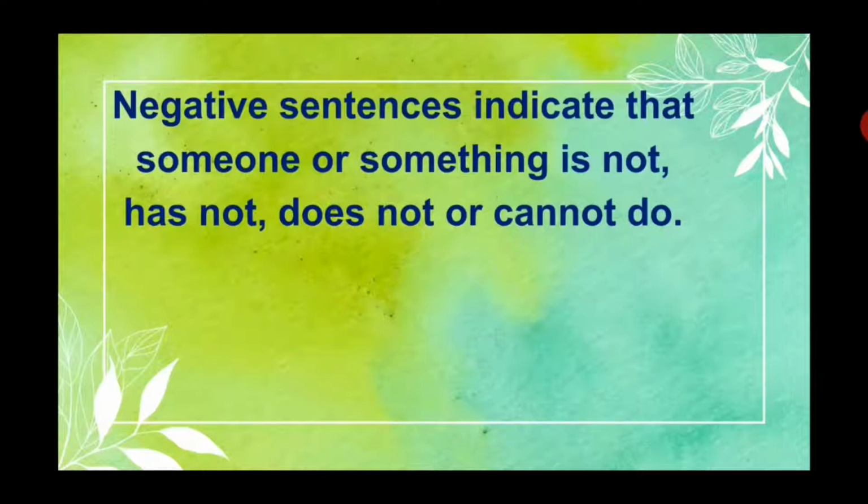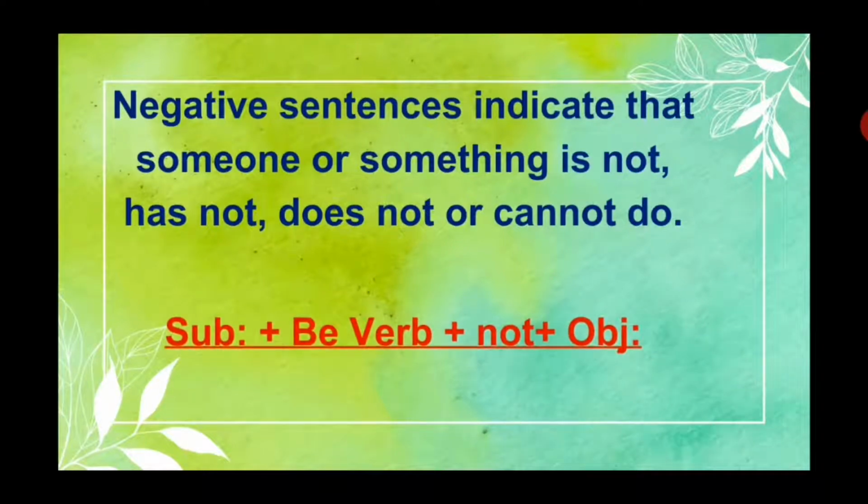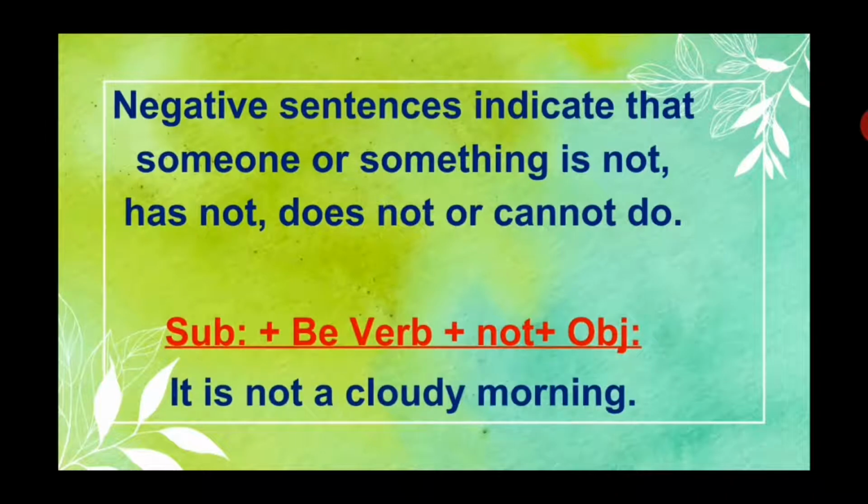So let's go for the structure. What is the structure of this negative sentence? Subject plus be verb plus not plus object. Easy now? Because after the be verb, you have to just use not. That's it. Let's go for the same sentence. For example, it is not a cloudy morning. So I have to just add not after the be verb and the negative sentence is ready.